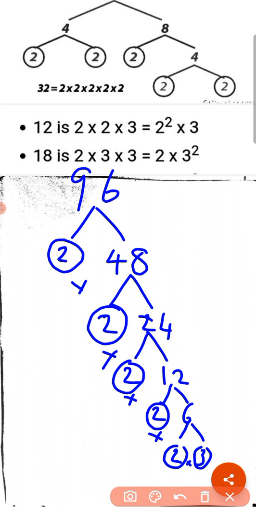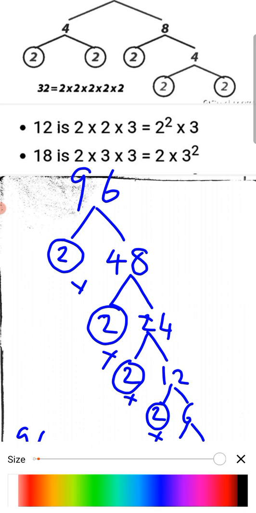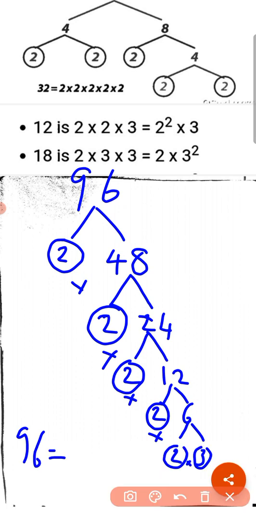So we can write 96 as, how many 2s, children? 1, 2, 3, 4, 5. So 2 raised to 5, or 2 to the power of 5, into 3. This is the prime factorization of 96.